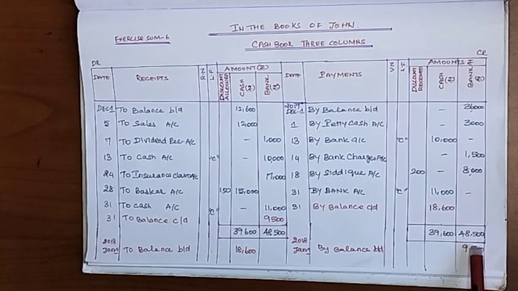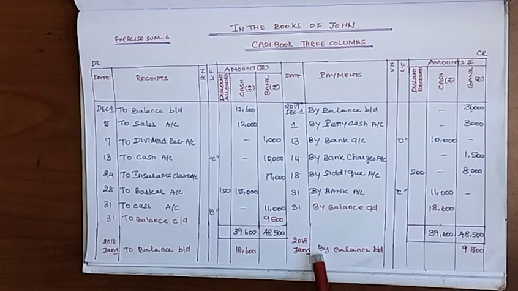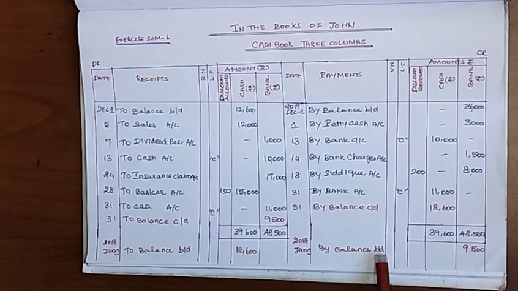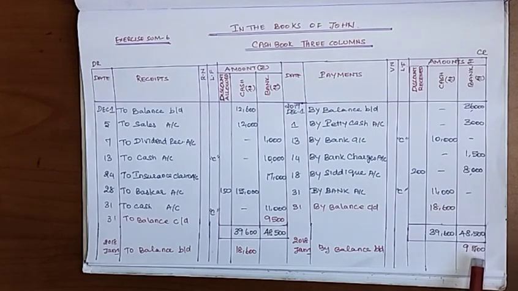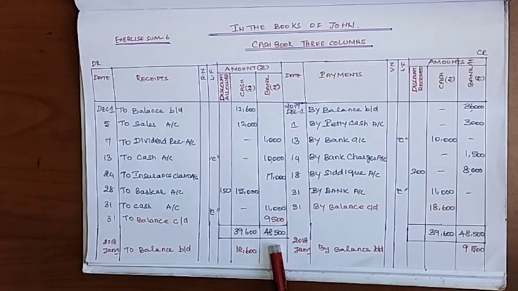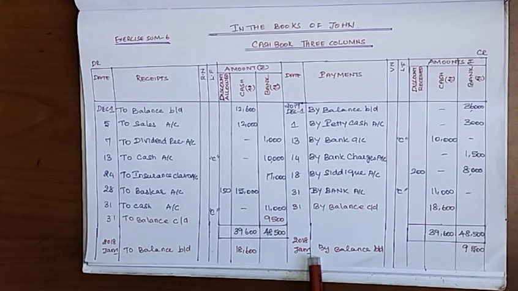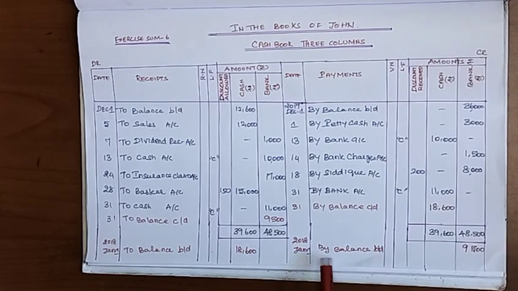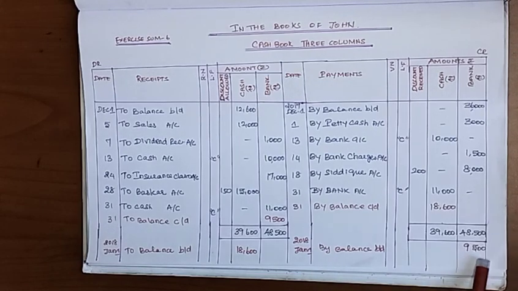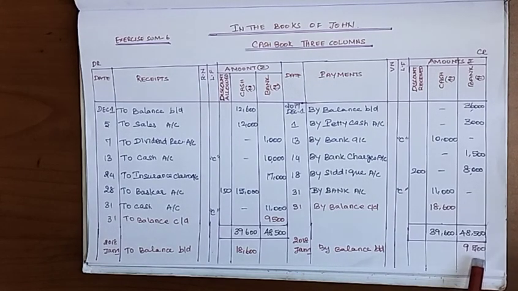Then "By balance brought down" is entered against this difference. In the date column, the first day of the next accounting period is entered, that is 2018 January 1. By balance brought down means this is the opening balance of the bank.